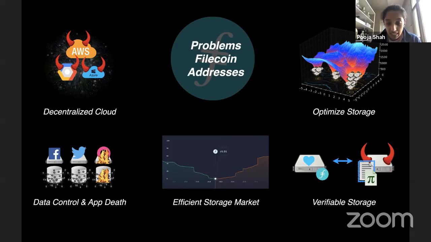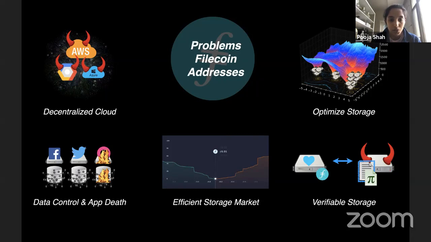Filecoin is an efficient storage market. So what this basically means is that we try to allow both sides of the marketplace, the supply side and the demand side, to set prices that are affordable for them, so that anytime anyone is entering into an economic contract on the platform, they're doing so at prices that they find affordable. So that means if you're using Filecoin for storage, there's a whole market of storage providers out there that are offering their storage services at various different prices.